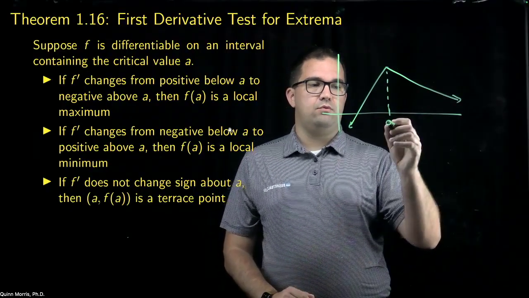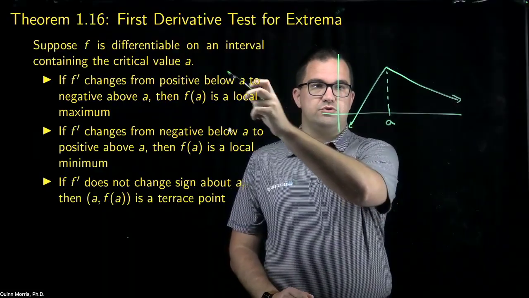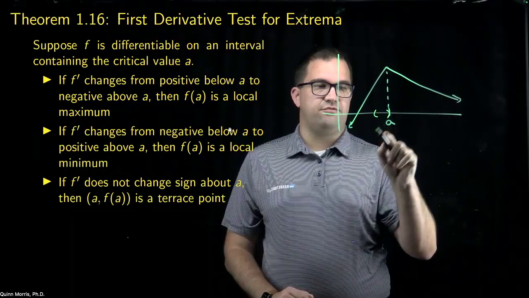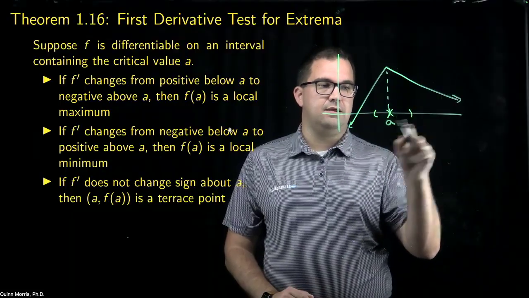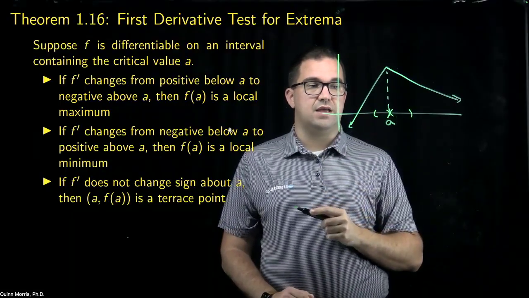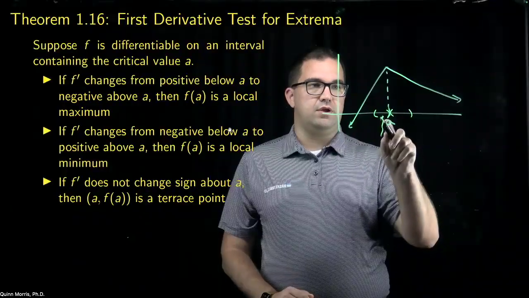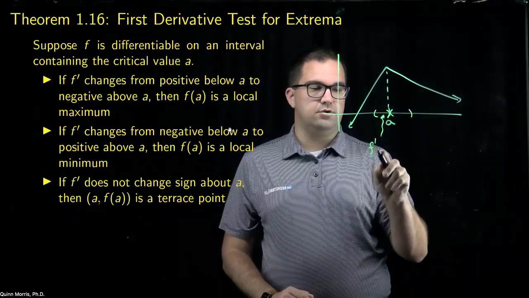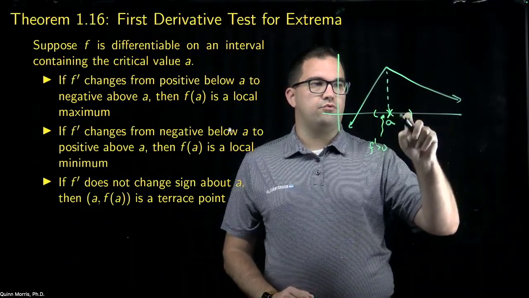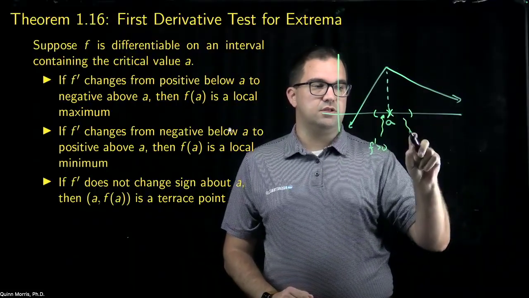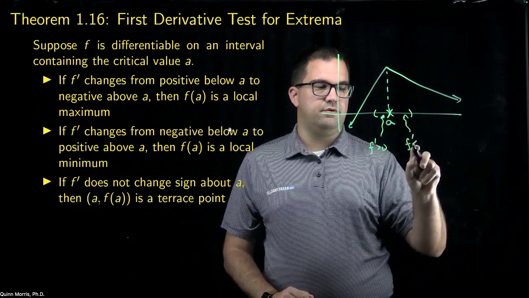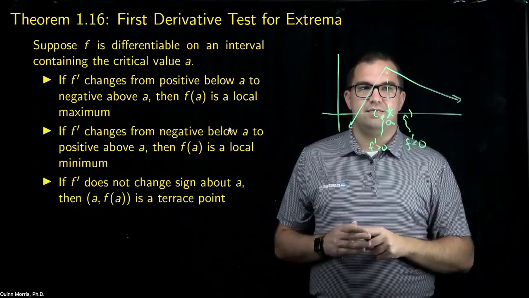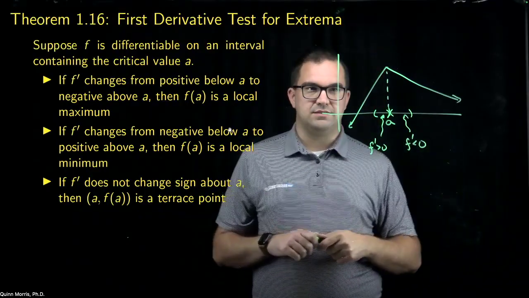I can still apply the first derivative test because I have a critical value and this function is differentiable on the left-hand side and the right-hand side of A. To the left of A, this is just a line with positive slope, so the derivative is positive. To the right, this is just a line with negative slope, so the derivative is negative. And now by the first derivative test, I can see that this is a local maximum.